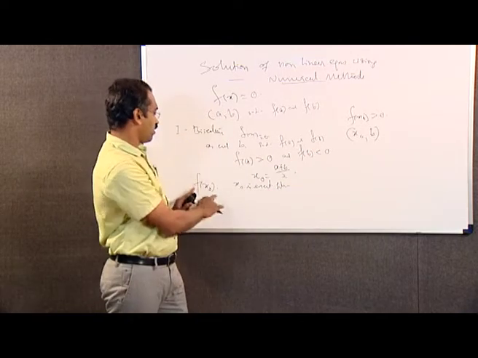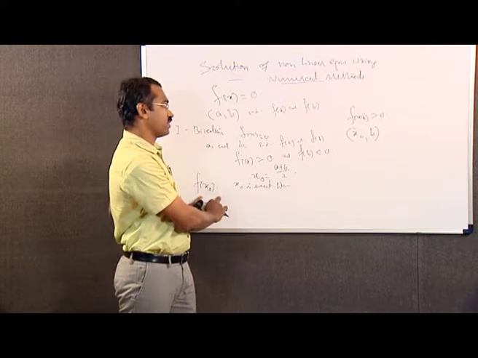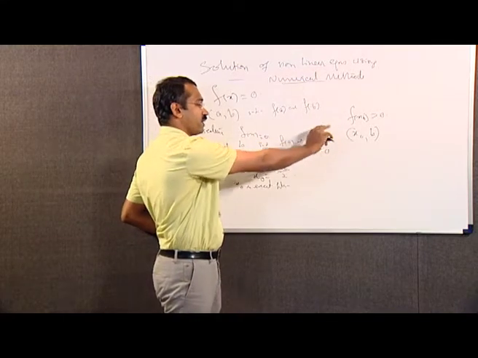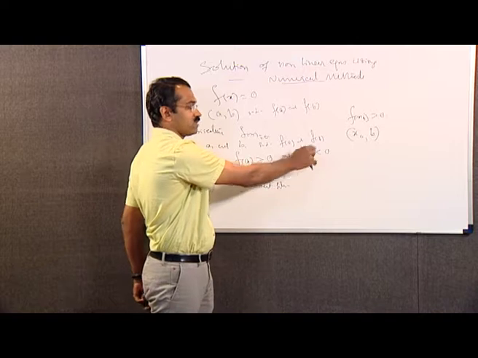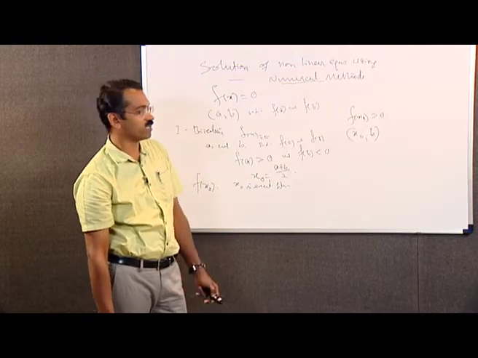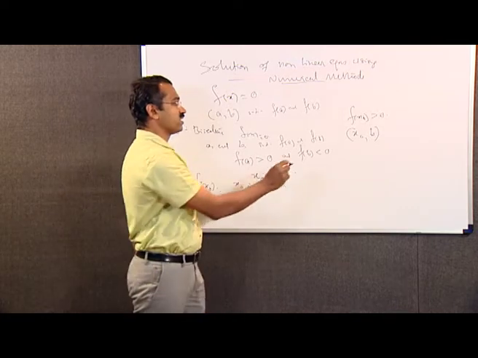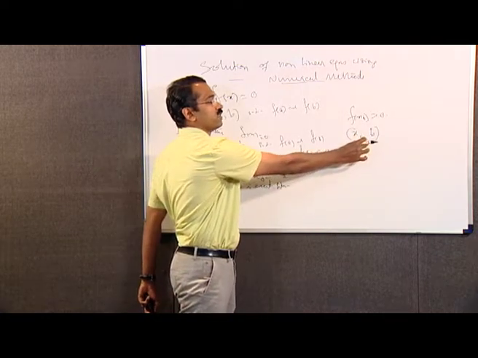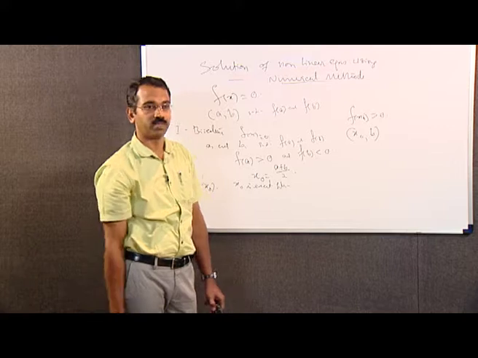Now, we got f of x naught is positive. That means f of b is negative and f of x naught is positive. Therefore, by the location theorem, there exists a root in between x naught and b.